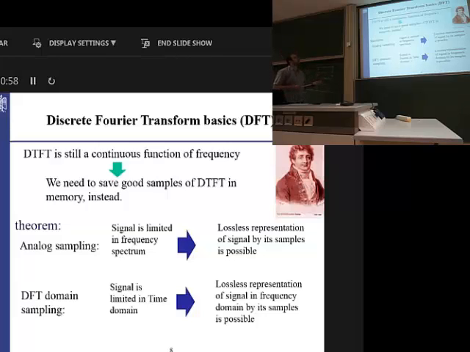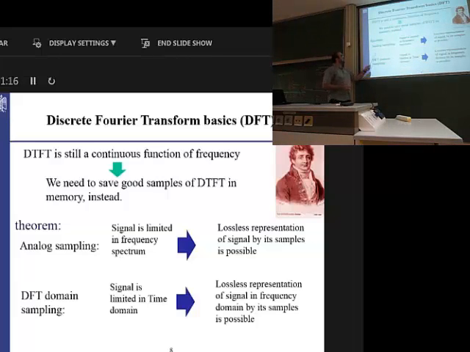So the idea of the DFT came from this problem that the DTFT had about the continuity of the function over the frequency domain.